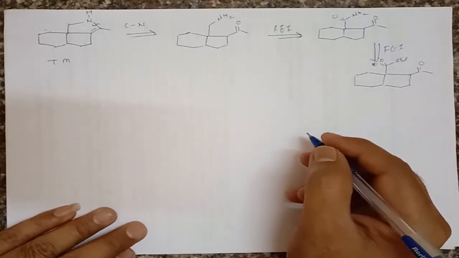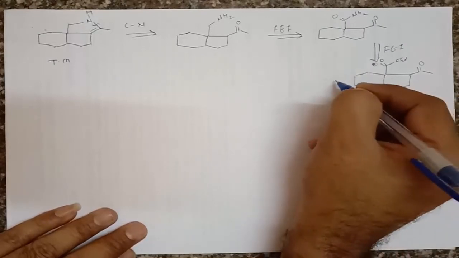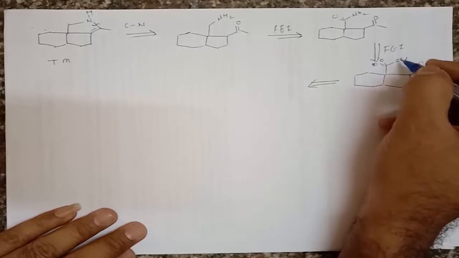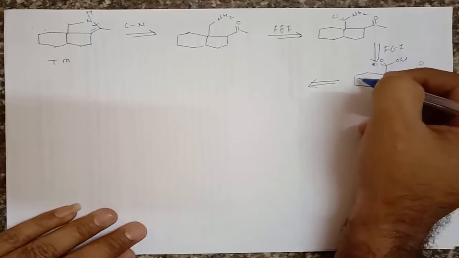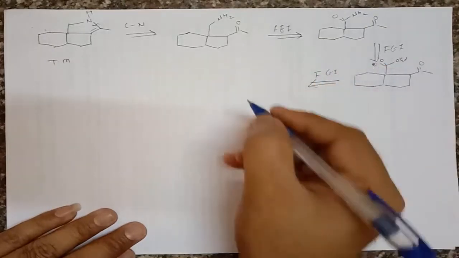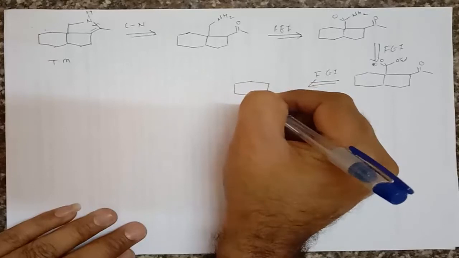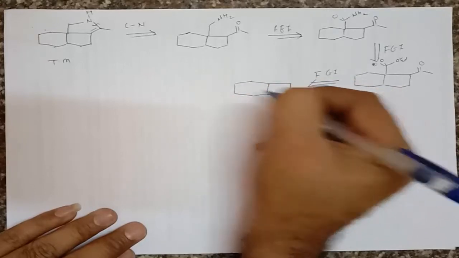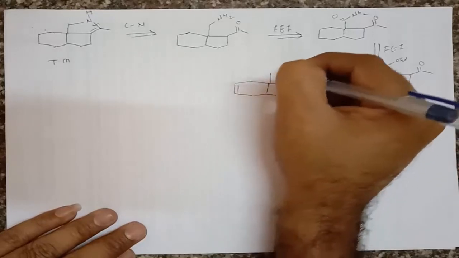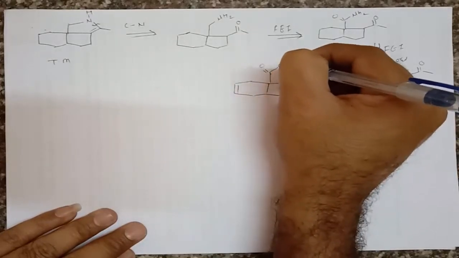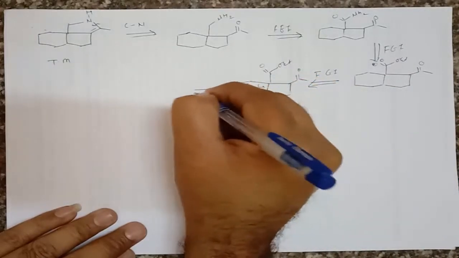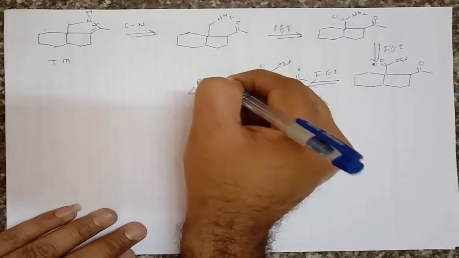Now here, you know that this molecule contains an electron withdrawing group, and therefore if we take a double bond here, we can go for the retro Diels-Alder reaction, and for that we can go for the functional group interconversion, and in that functional group interconversion we can take a double bond here, so that it gives a retro Diels-Alder reaction like this, and therefore we can say that this is a retro Diels-Alder reaction.